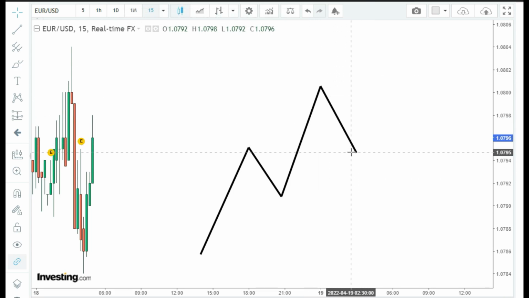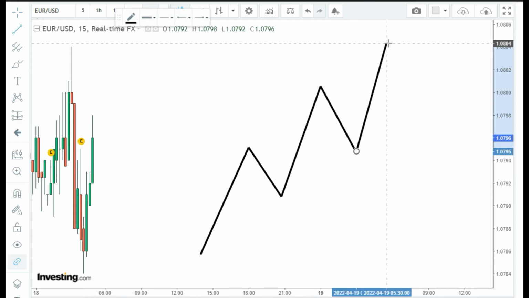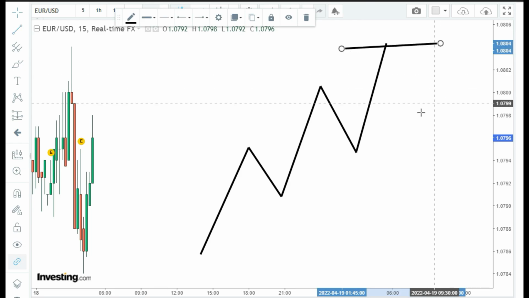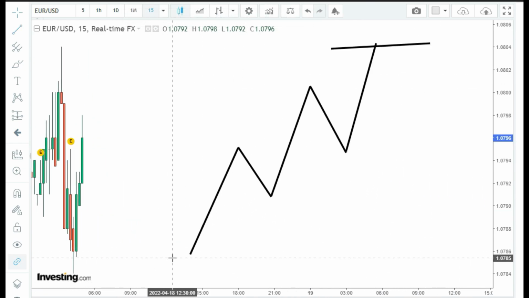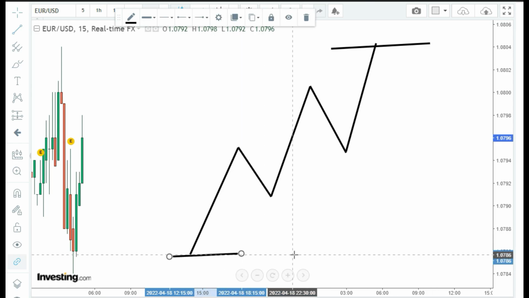Now this is the retracement and this level is the higher low again, and at the end it will reach the destination which we were thinking of here. So this is the destination, and this is the starting point.